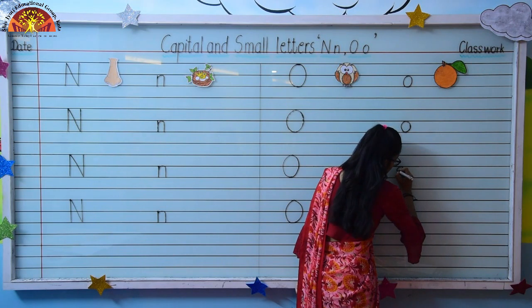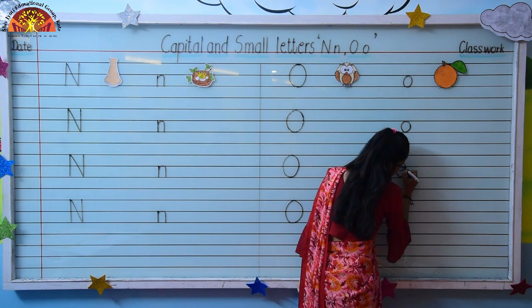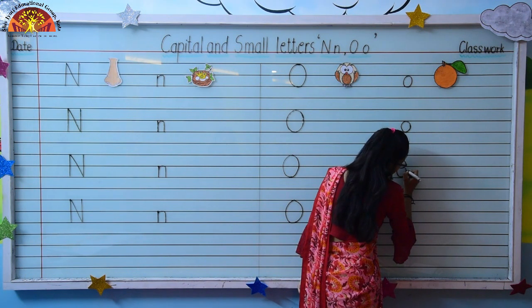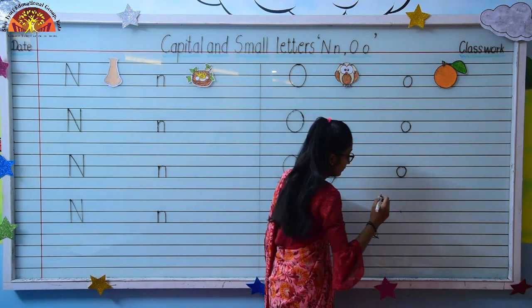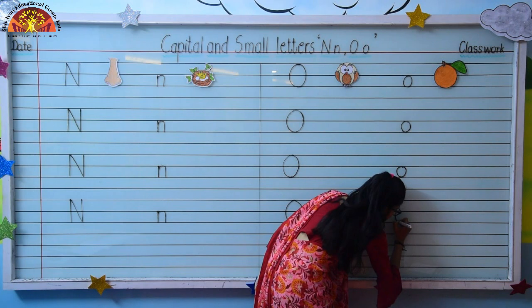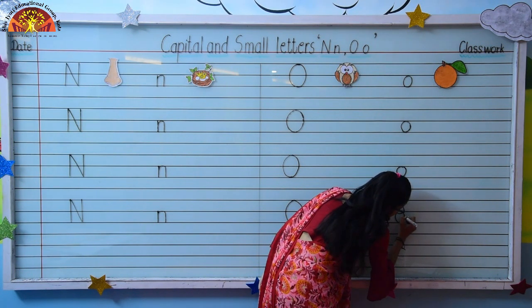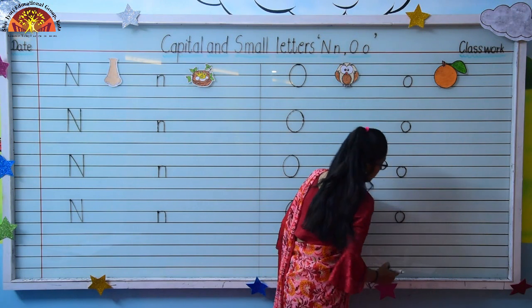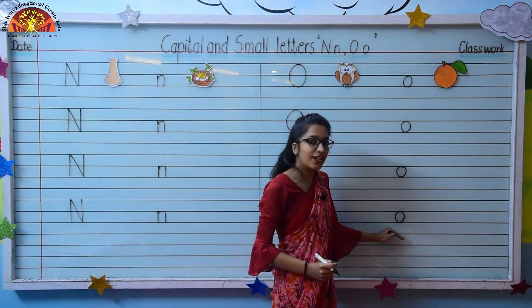Make a small curve, one more small curve in the opposite direction and join like this. One more time. Make a small curve, one more small curve in the opposite direction and join like this. This is small letter O.